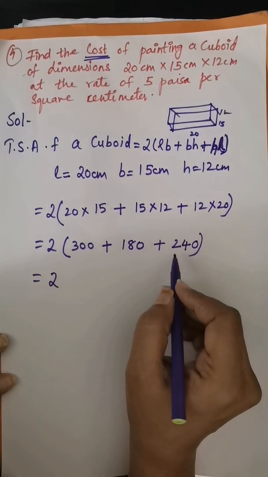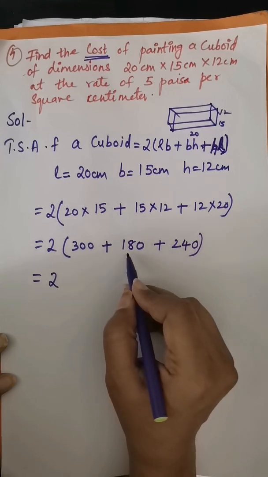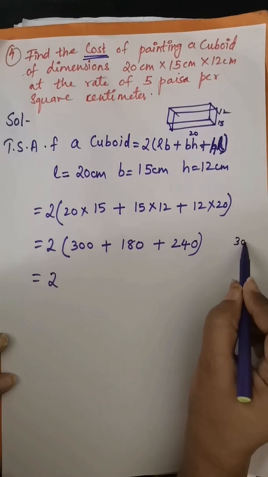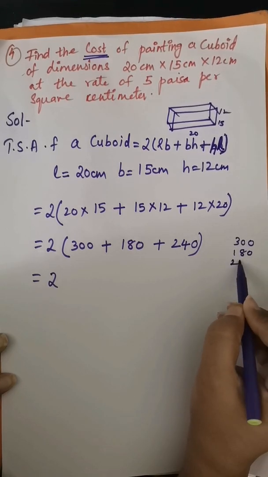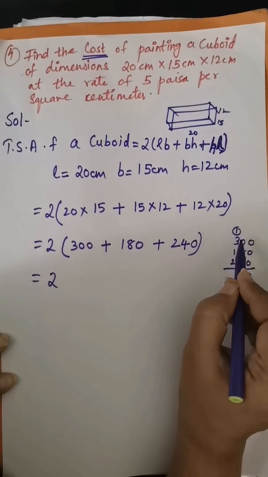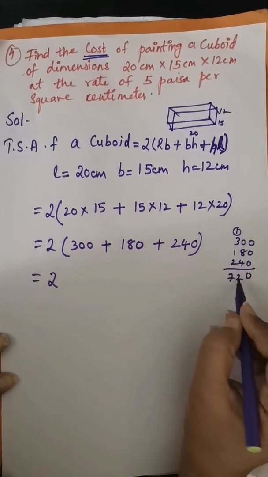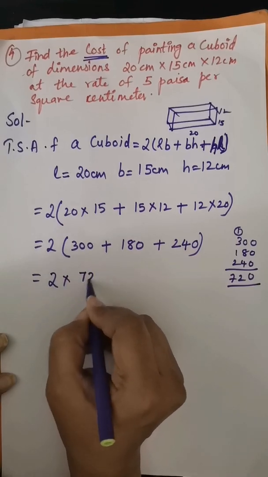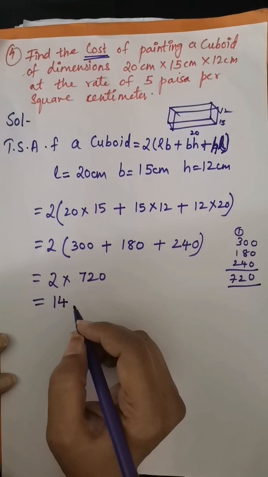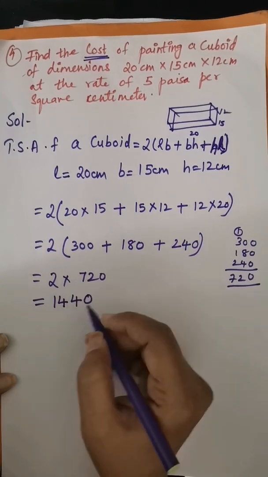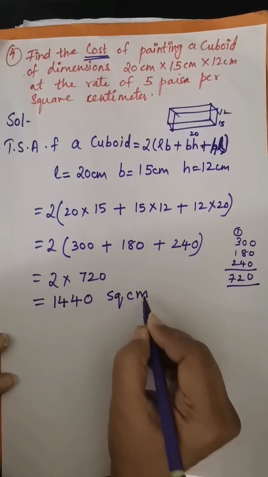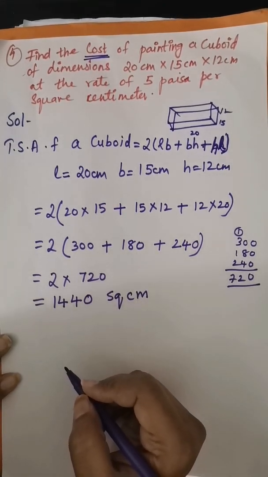If you add all this, 300, 180, 240, it will be 720. 2 into 720, 720 two times means 1440. 1440 square centimeter is the area of the cuboid.